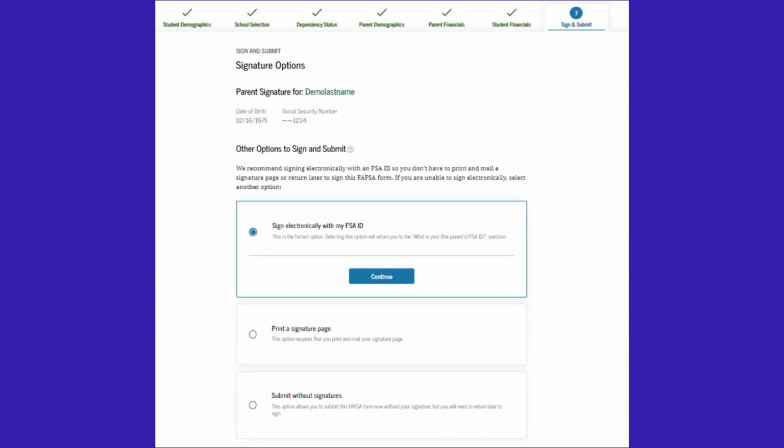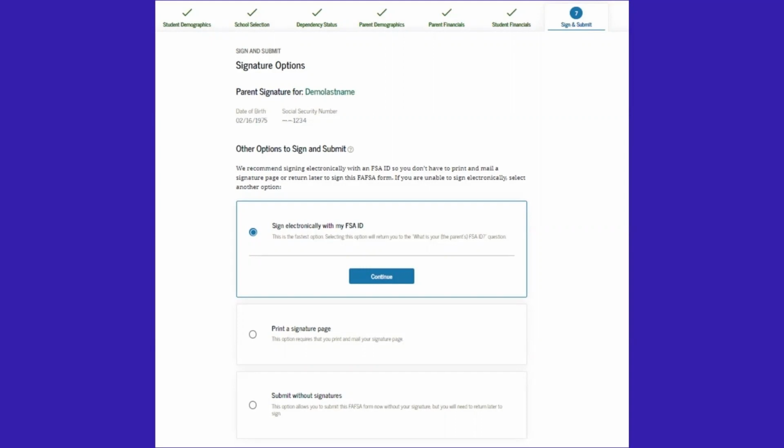If you do not have an FSA ID, for example, let's say the parent doesn't have a social security number for whatever reason, you can print a signature page. You will have to go ahead then and mail it in. It does take a while for things to match up and for the colleges to get that information. So unless there is a compelling reason for using that mail-in option, I strongly recommend you use the electronic option.